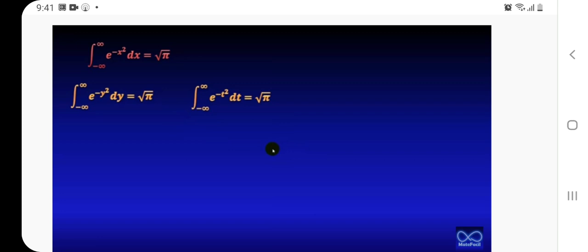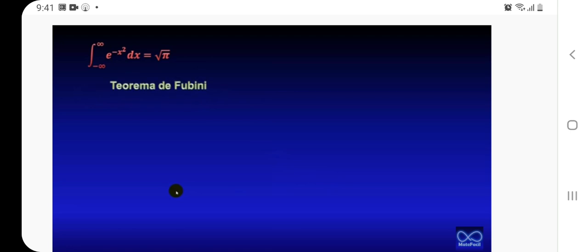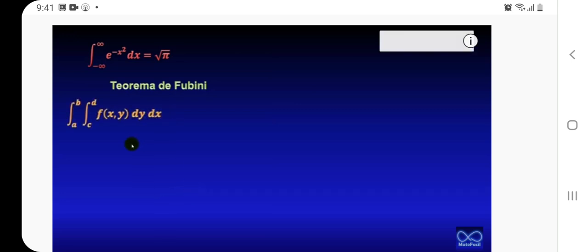Y finalmente, otro detalle que hay que tomar en cuenta antes de empezar con la demostración es un teorema que se llama teorema de Fubini, que entre varias cosas que nos dice, una de ellas muy importante es la siguiente. Nos dice que si nosotros tenemos una integral doble, donde los límites de integración son de a a b para el caso de x y de c a d para el caso de y.